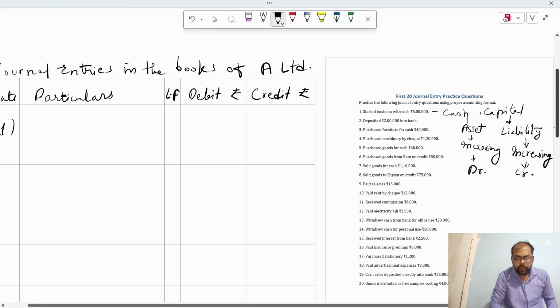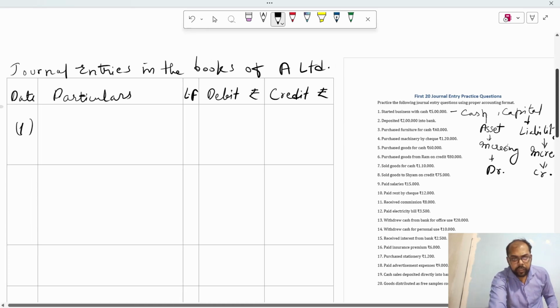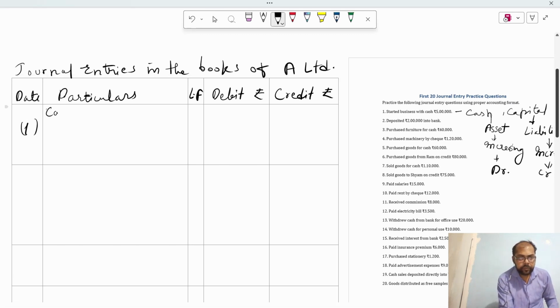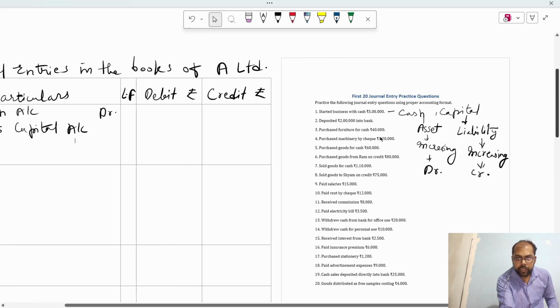Now, let's write it down in the form of a journal. So here the cash account is debited to the capital account, and we have already seen the logic behind it. Cash is an asset.